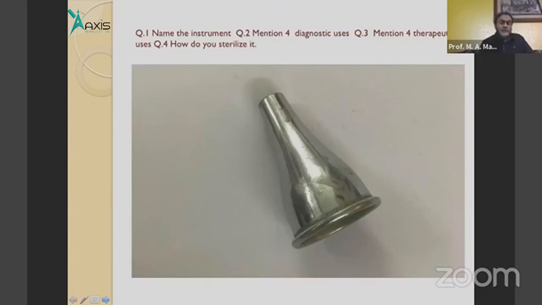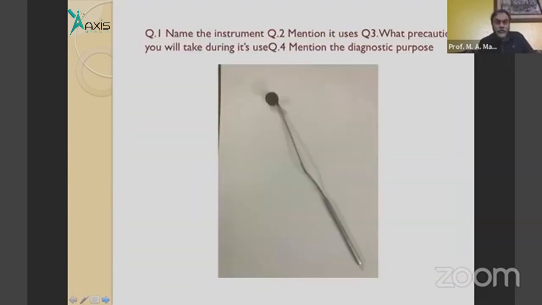How to sterilize? Again, boiling or autoclave. This is, as you know, a mirror, a very curved mirror. This is called a PNS mirror. So name the instrument: this is a posterior rhinoscopic mirror, or you can write down PNS mirror.